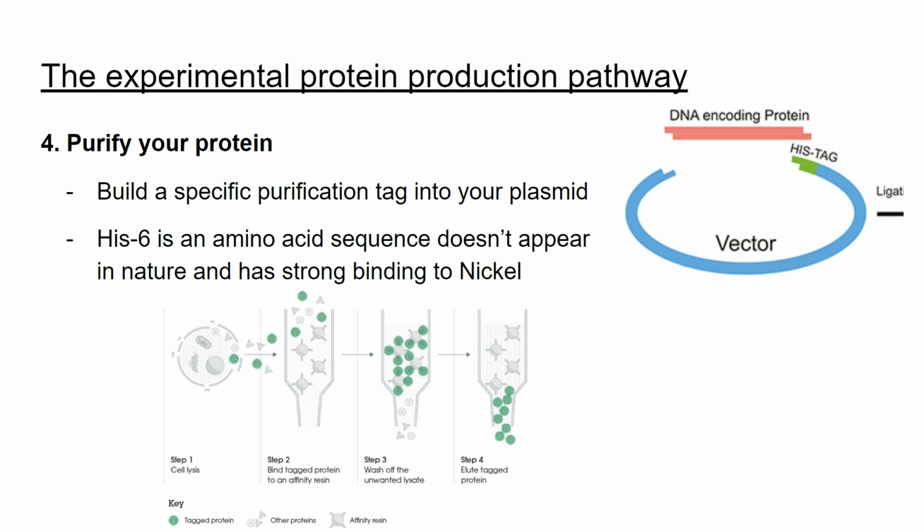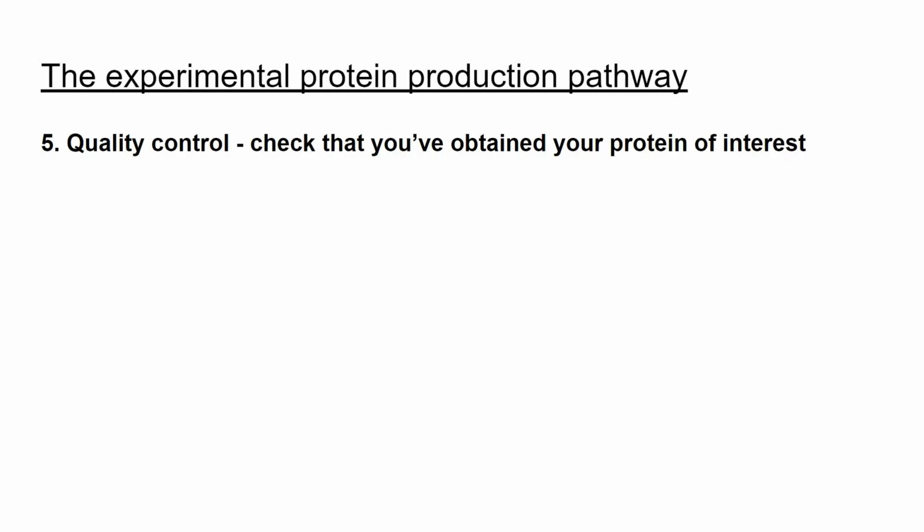Only the protein of interest, which has this his tag, is going to have that strong interaction with the beads. Therefore, all the other proteins are going to pass through, but your protein of interest remains on the beads. Therefore, you have separated, you have purified your protein of interest from everything else.